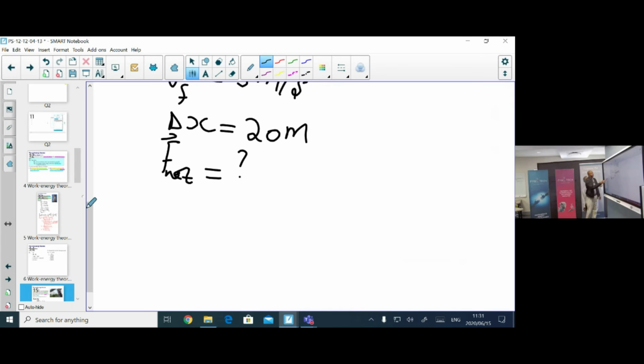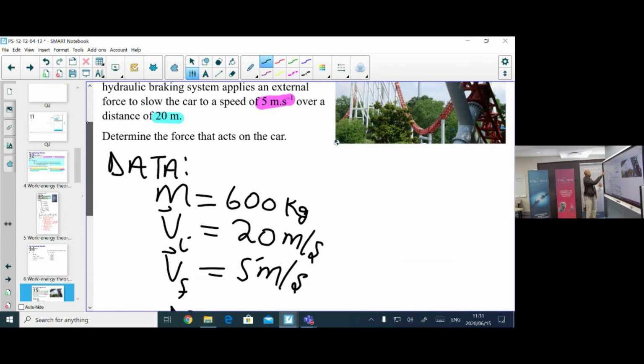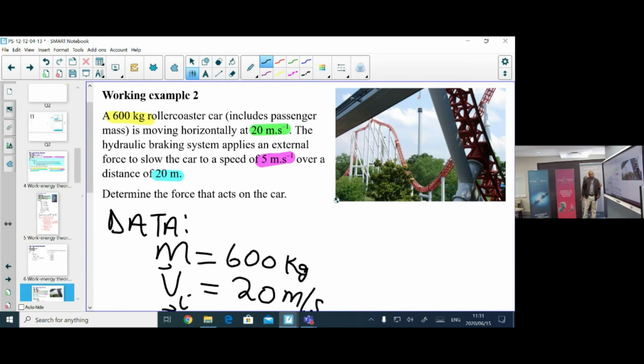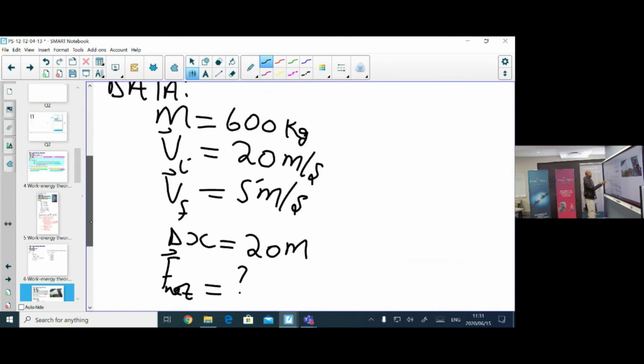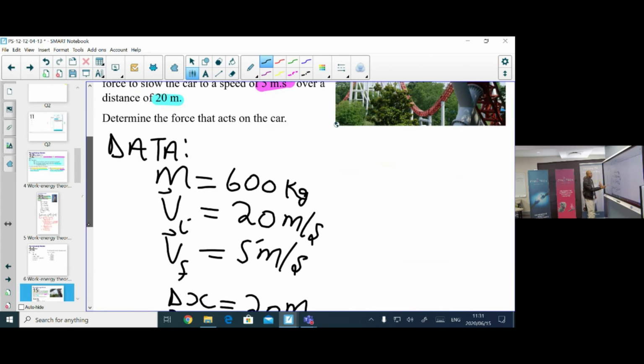If we have this, did they tell us that we're supposed to use the work energy theorem? No, but we can use it. We can use it because of the initial and the final. Okay, and distance is there. What is left there? We don't have external force. All right, they are saying calculate the force that acts on the car.